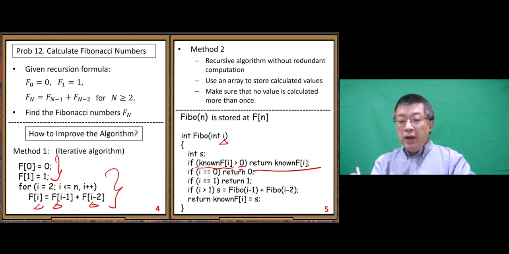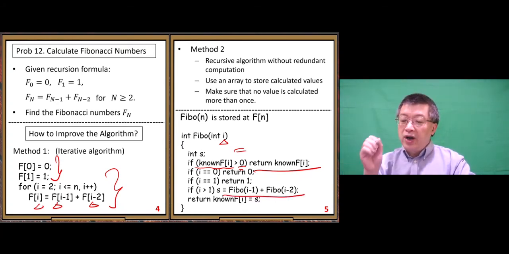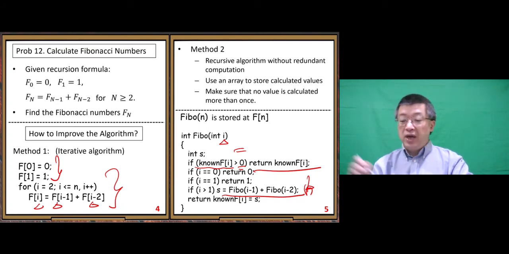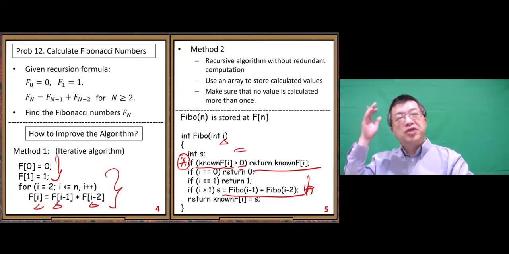If it is unknown, because if it equals 0, it is unknown, then you do the calculation. You use the recurrence to calculate it. This time you can use the recursive call. It's okay, because of this line, we guarantee there is no redundant calculation.